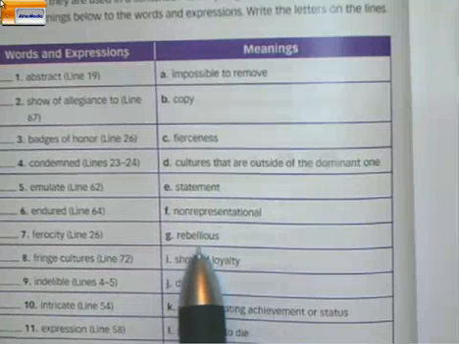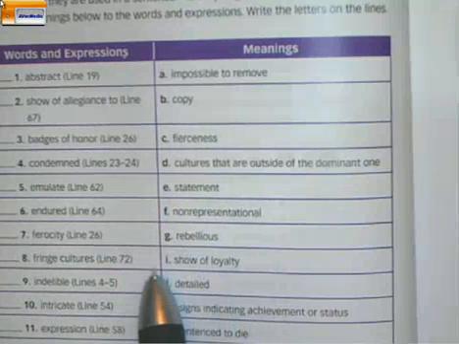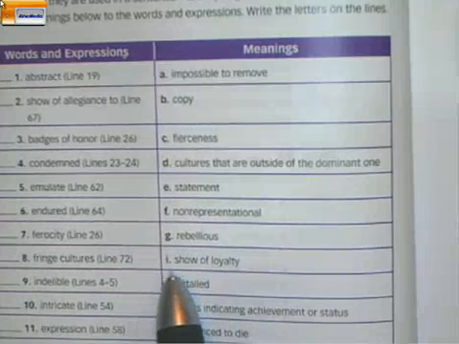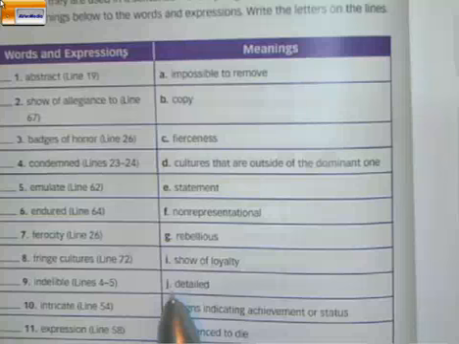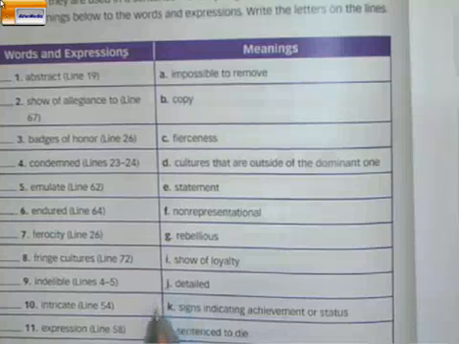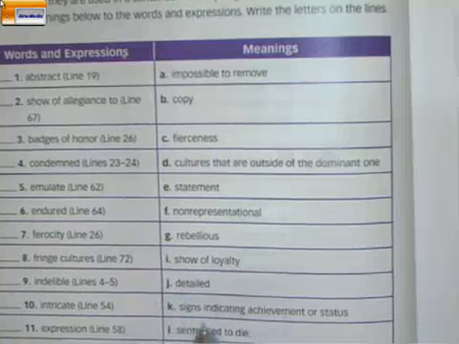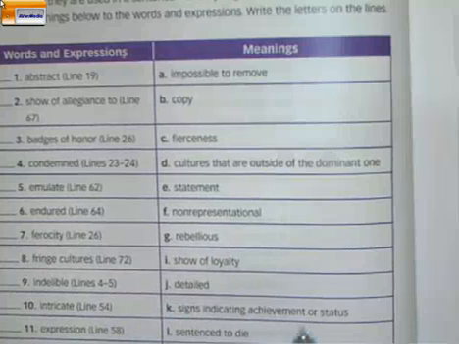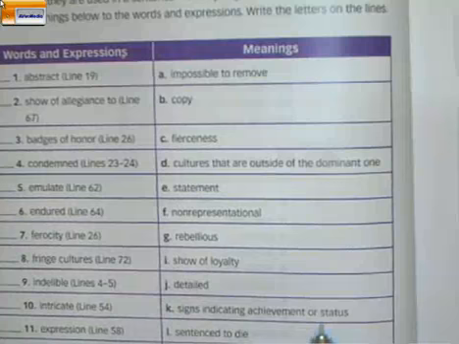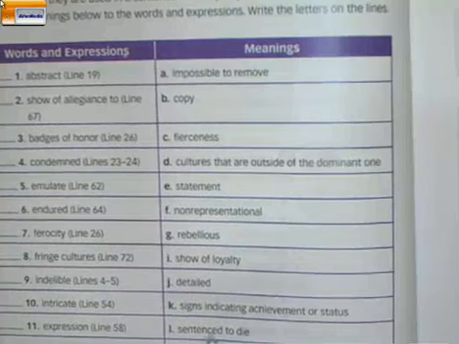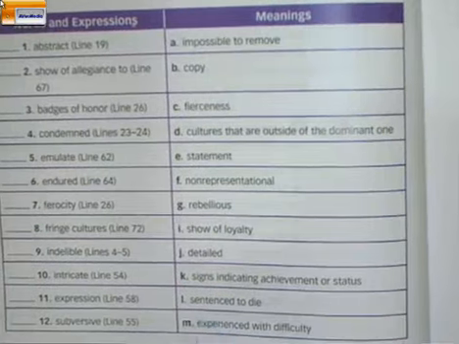Show of loyalty? No. Rebellious could be a tattoo, could be a sign of rebellion if you want to think of that. What about show of loyalty? Not really. What about detailed? That could be a description of a tattoo. Signs indicating achievement or status? Not so much. What about sentenced to die? Of course not.